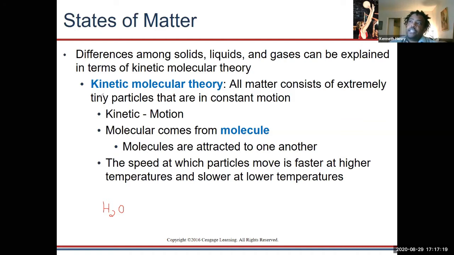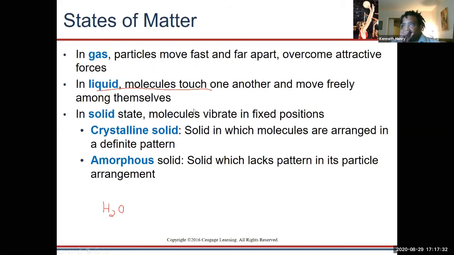Okay, so that is the kinetic molecular theory. Kinetic meaning movement, molecular means molecules, theory. Well, molecules are moving. So we talked about the three different states: solid, liquid, gas. With the solid, there are two types of solids.